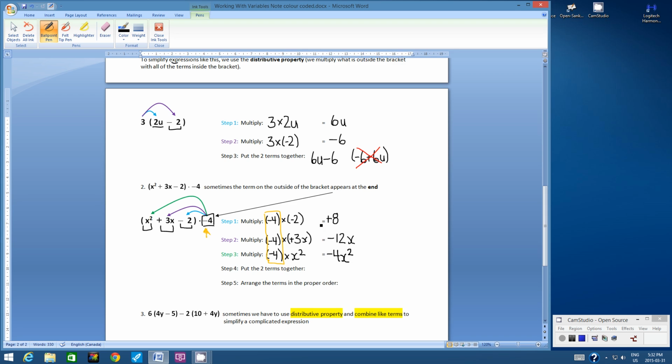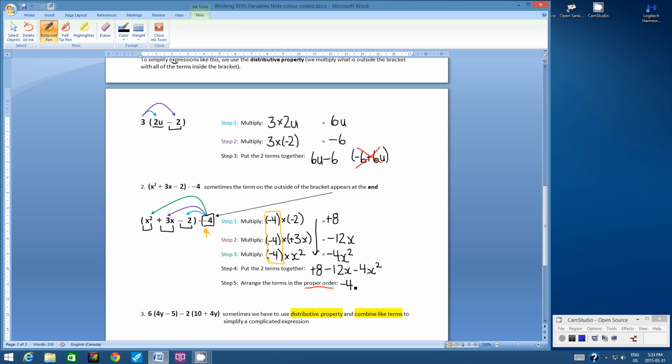All right, so let's put the terms together without putting them in the proper order. Let's just list them from top to bottom: positive 8, subtract 12x, subtract 4x squared. But now, let's write them in the proper order. Remember, if we have any exponents, we write that term first.